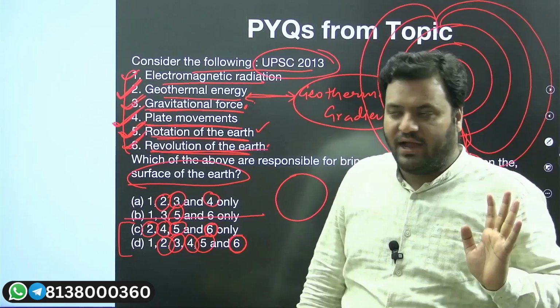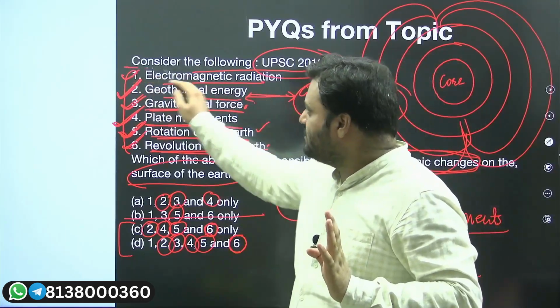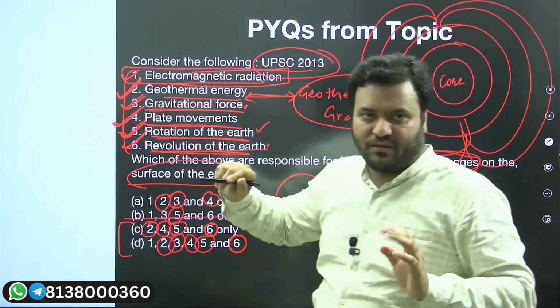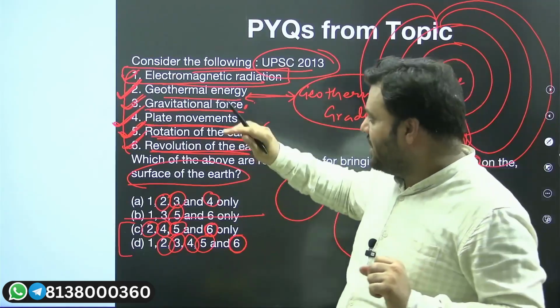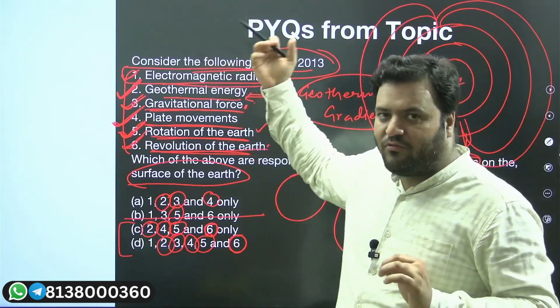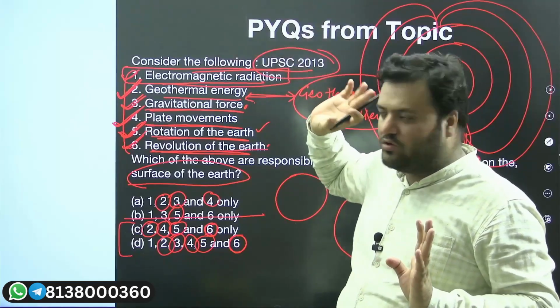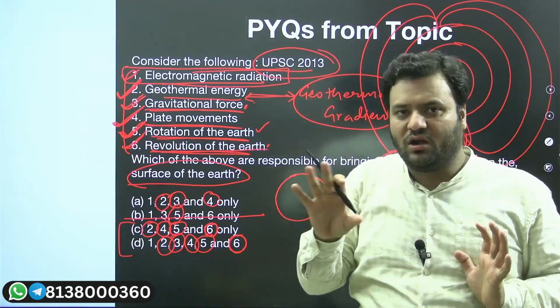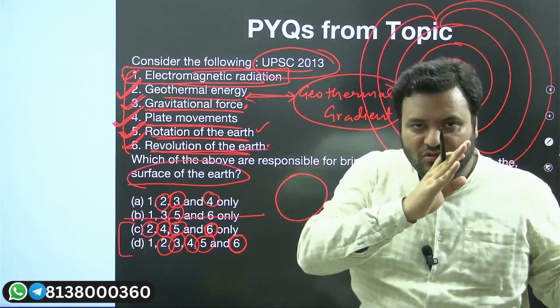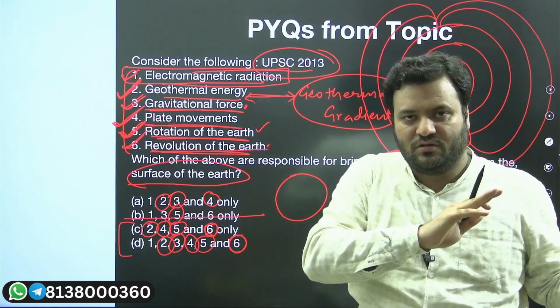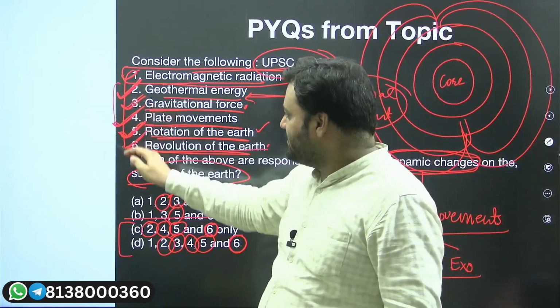I told you the first option will be discussed in the atmosphere. As of now, if you haven't discussed it, remove it, don't consider it, because for the things you are not aware of, do not include those in your interpretation of the answer. So the rest of the options we have considered.